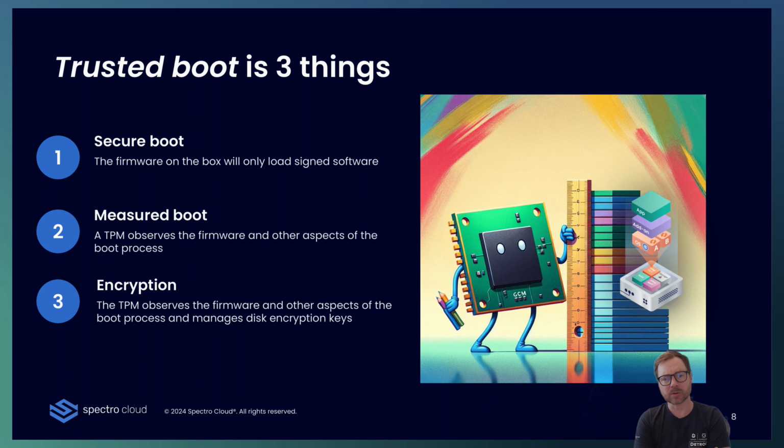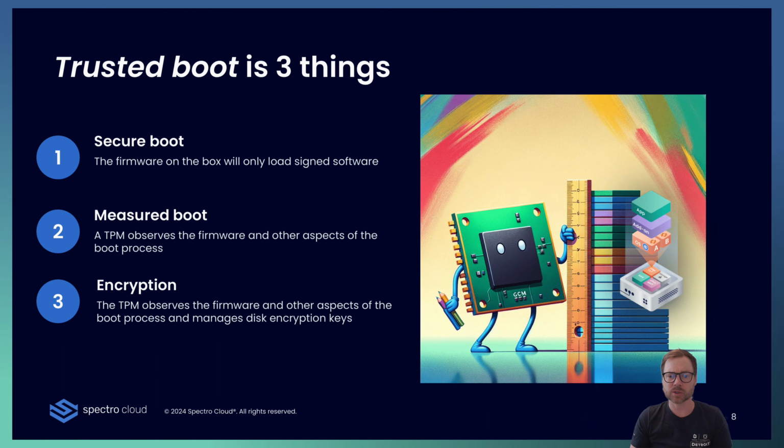The way to meet those requirements is with a technology called Trusted Boot. Now, Trusted Boot is three things. It's Secure Boot, which is something that you're probably familiar with. This is about ensuring that the device will only load a certain trusted, signed piece of software. Secondly, it's Measured Boot.